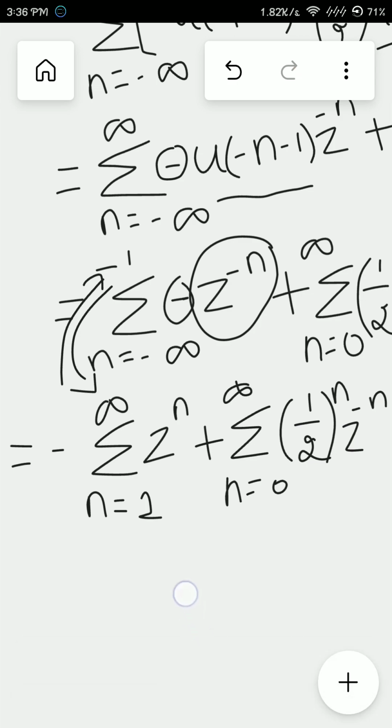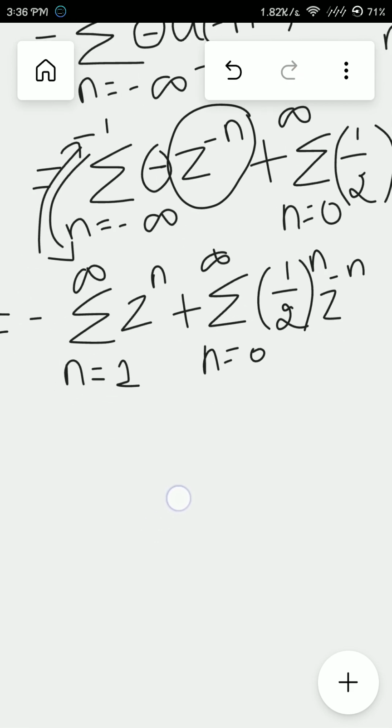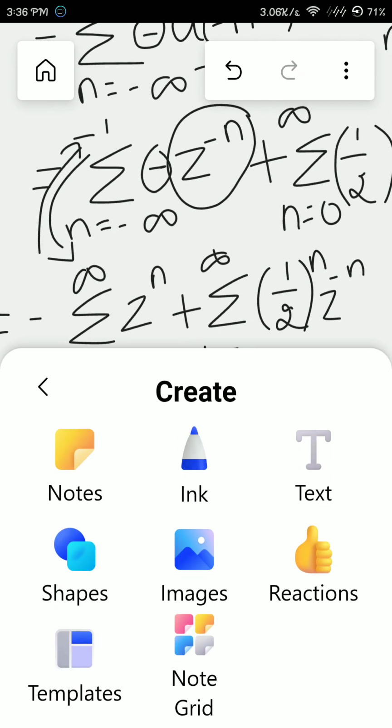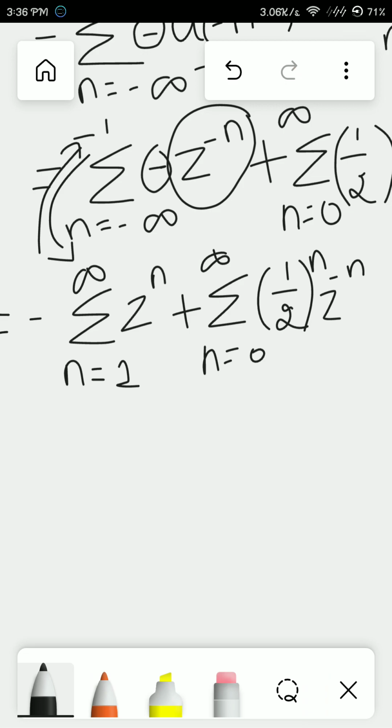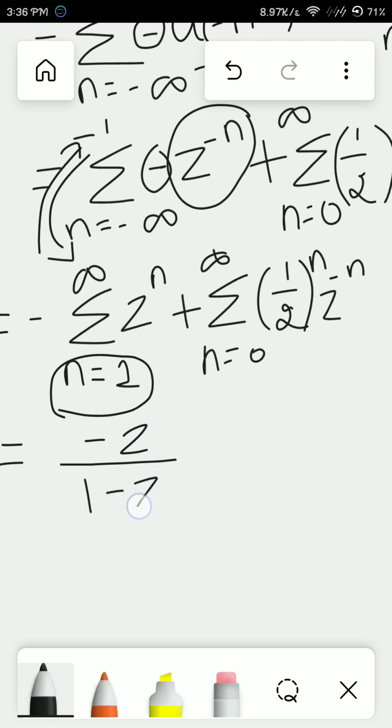Yes, so now coming on to my next one, next I have to apply the formula. Here, as your n is equal to 1, the formula is alpha to the power of n only, but your n becomes equal to 1, right? So for that my formula would be minus z divided by 1 minus z.